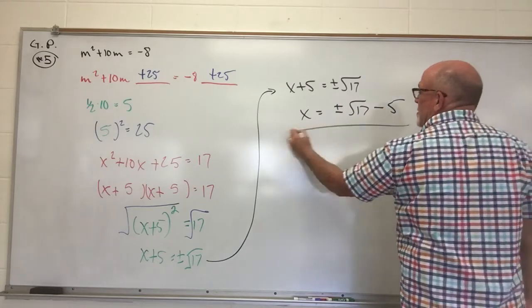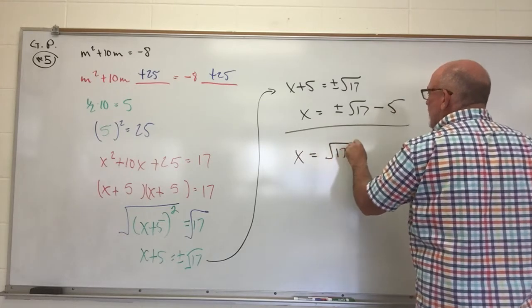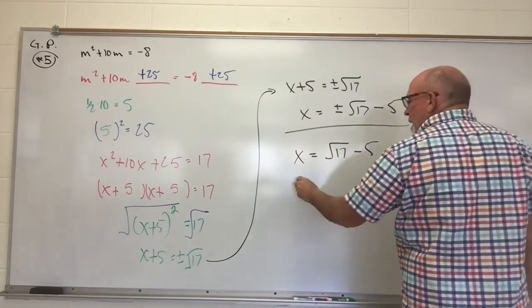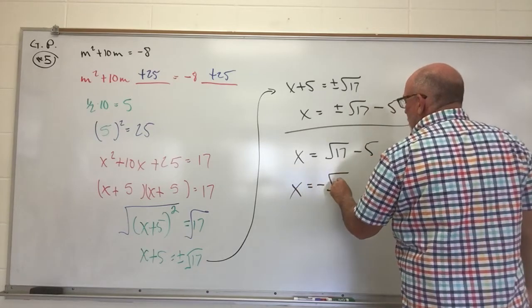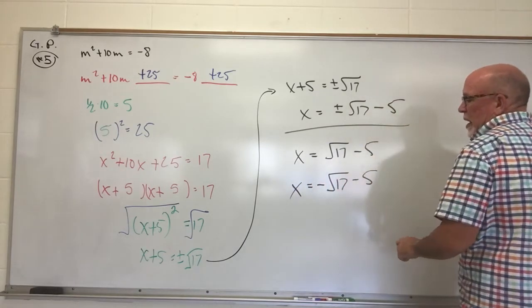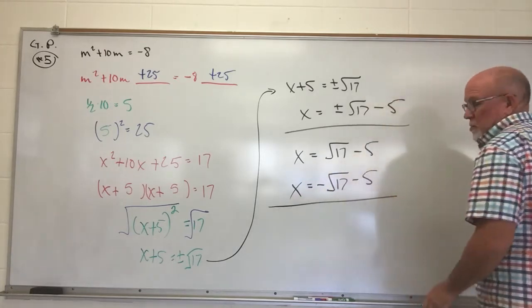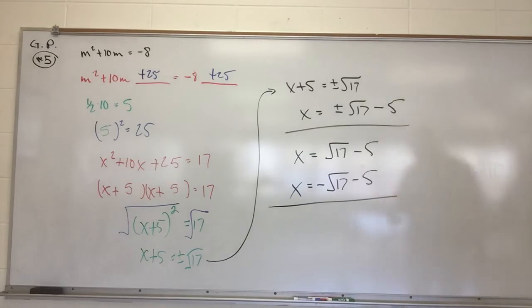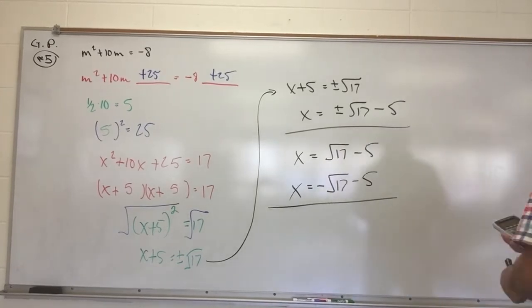And when I rewrite them separately, I have x equals square root of 17 minus 5. I also have another answer, which is the negative square root of 17 minus 5. Now please note, these are exact values. That is not what's going to appear in the back of your text in the odd answers.